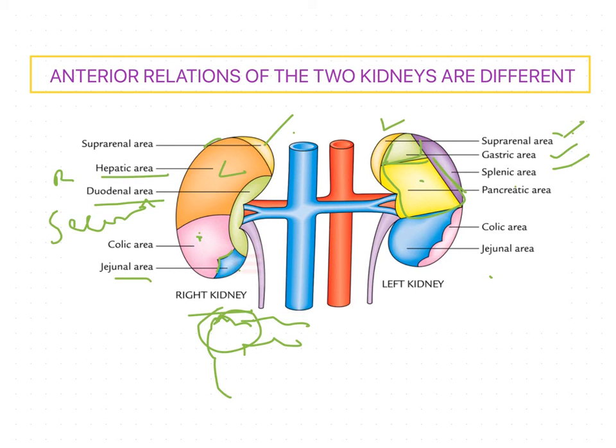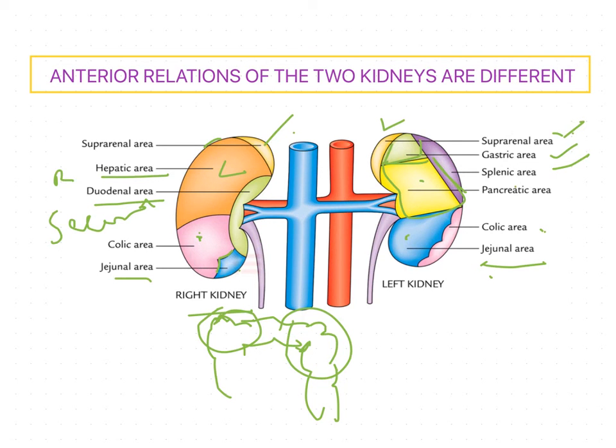Whereas in the case of the colic area, it is related to the splenic flexure and the descending colon. So here you can find the splenic flexure, which continues as the descending colon. These two structures are related to this colic area, and the jejunal area is related to the small intestine.